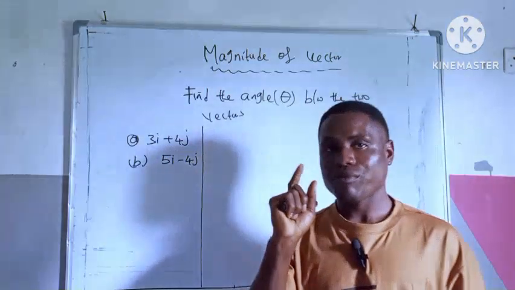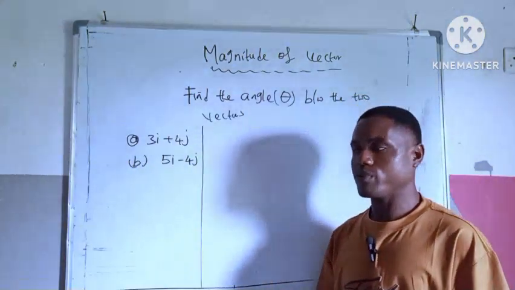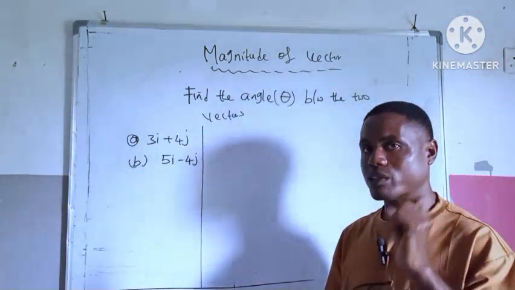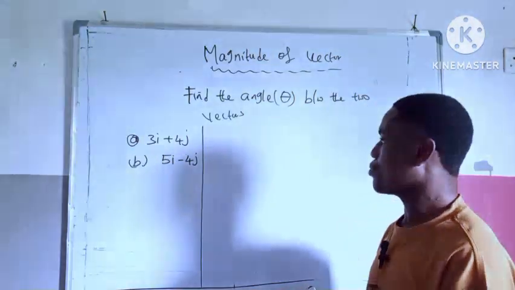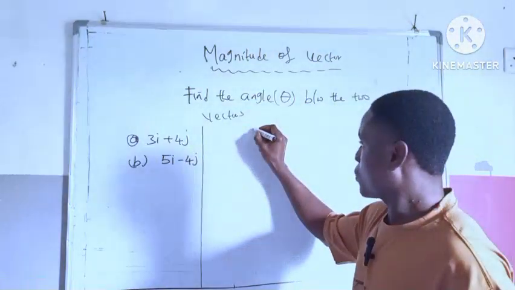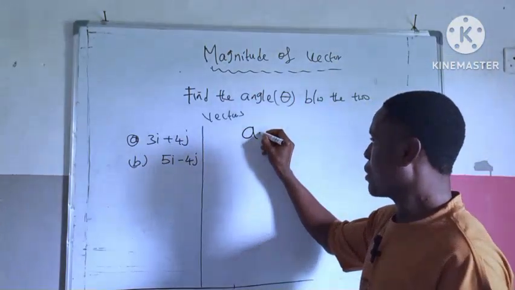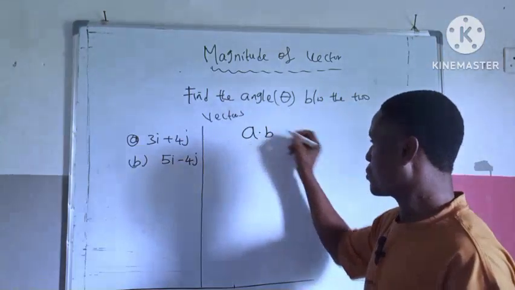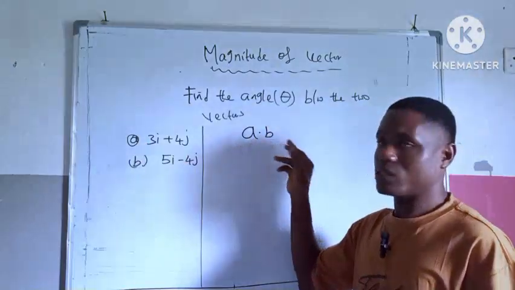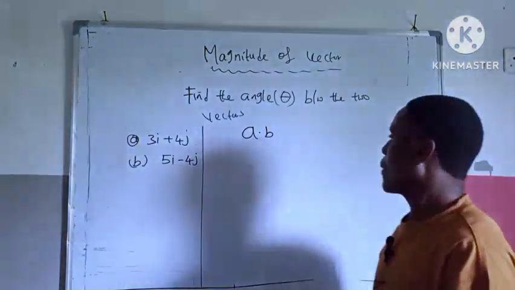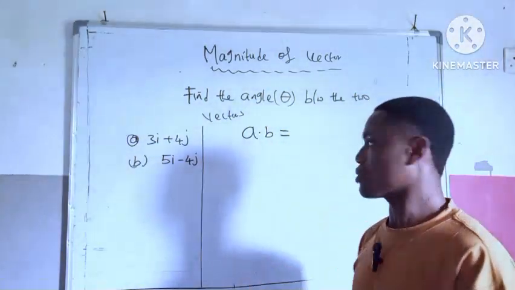Now there is a particular formula to use when solving for the angle between vectors. Take note, the formula is the dot product of the two vectors. You know dot products now. The first one is a, the second one is b. If it's c and d, you put c dot d. Then equal to the magnitude of the two vectors.